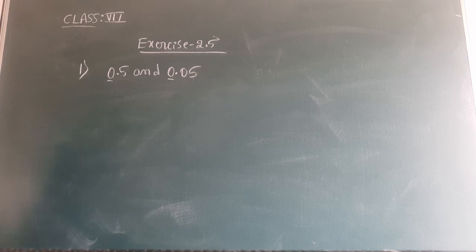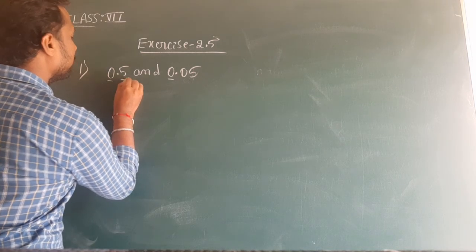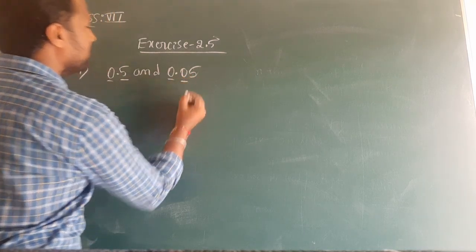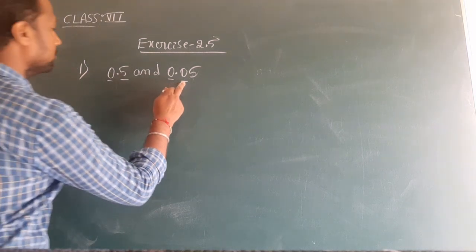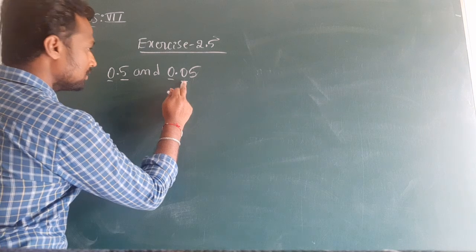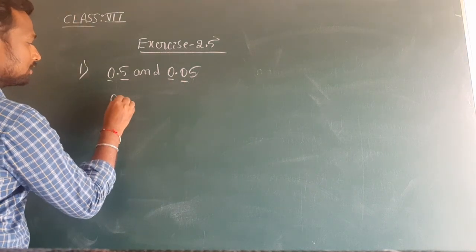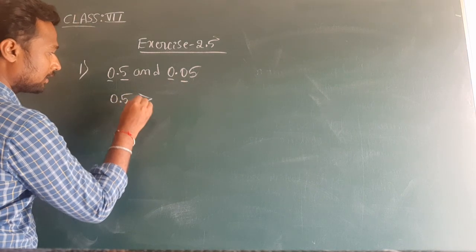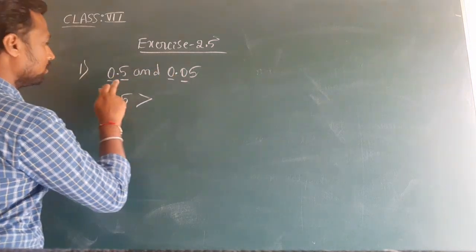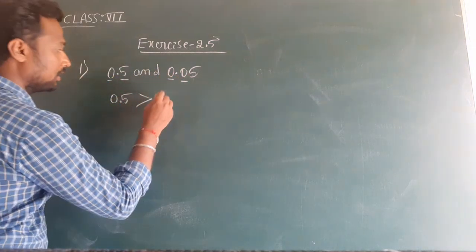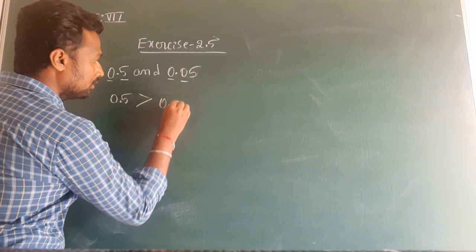From tens place. Here in the tens place we have 5 and here we have 0. So this 5 is greater than 0, therefore 0.5 is greater than 0.05.